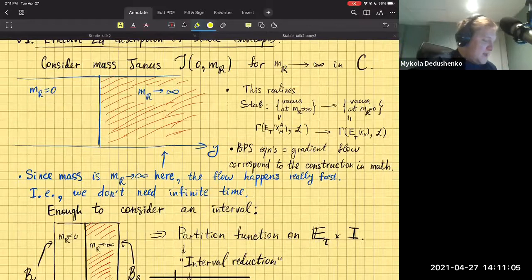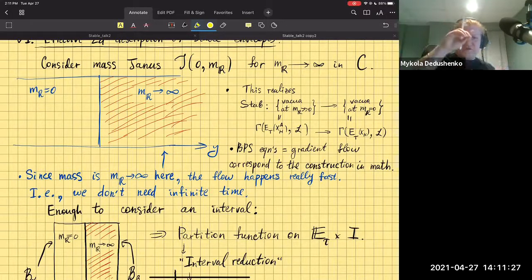Now, since the mass is very large in this part, the gradient flow happens really fast. When the mass is finite, you can imagine that it takes infinite time to go from one fixed point to another. But if you take the mass to infinity, then it happens really fast.